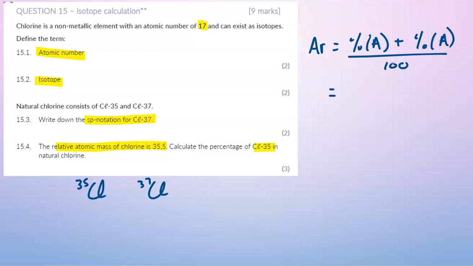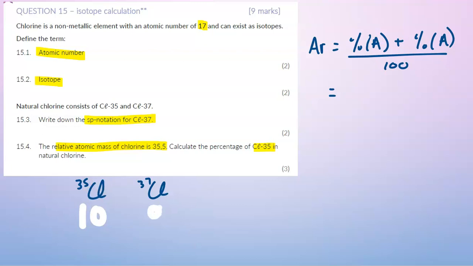Now the problem I'm coming up to is I don't have any percentages. In all the other sums that I did, I had percentages to work with, but now I don't have them. And whenever that happens in science, we are going to make stuff up, but not completely. We're going to work with X. So just to explain to you with numbers first, let's say I have 10% of this chlorine.